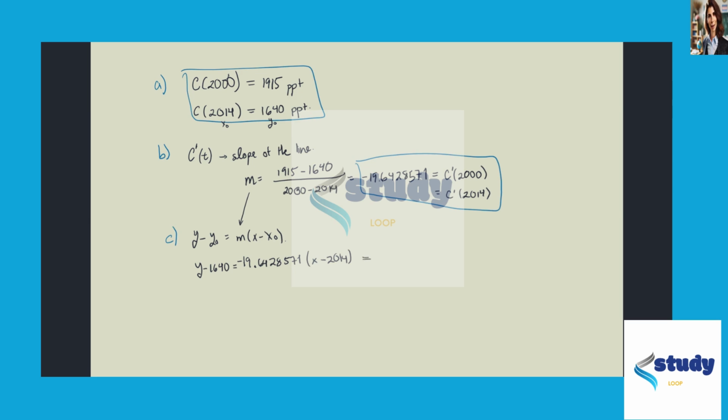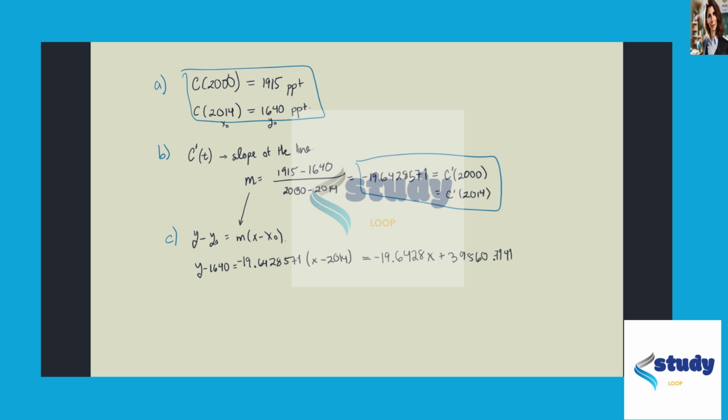And then when we expand this product, we obtain the following. We're going to have here 39,560.7141.